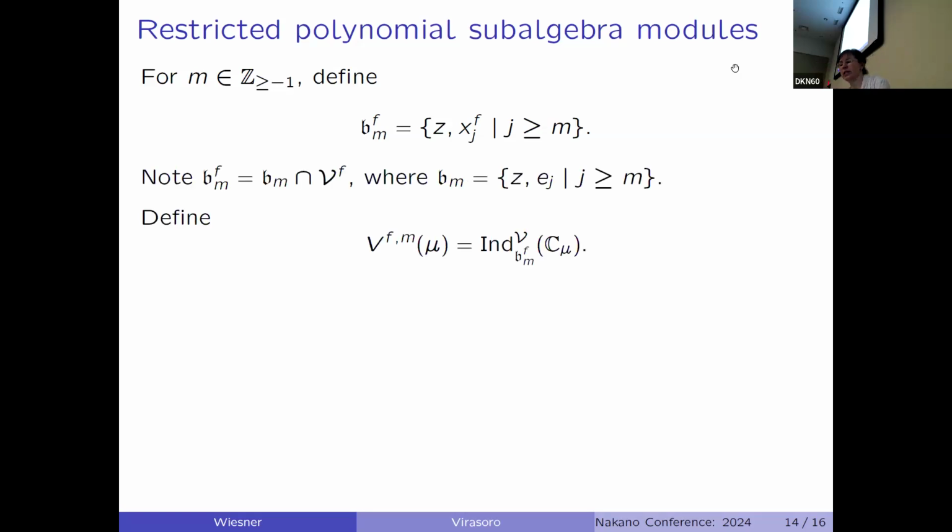Right, and notice that these are the intersection of one of the regular polynomial subalgebra modules, and then just one of these BM, which came up earlier when I was talking about Whittaker modules. All right, and then we've got a subalgebra, so why not define some induced modules for it? So that's what these V, F, M are, just inducing up from one of the restricted polynomial subalgebras instead. So again, what do these modules look like?